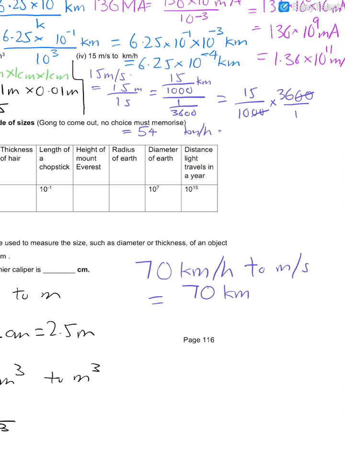70 kilometer divided by 1 hour. So the answer is 19.4. 70 kilo times 10 to the power of 3 becomes meters. 1 hour has how many seconds? 3,600 seconds.